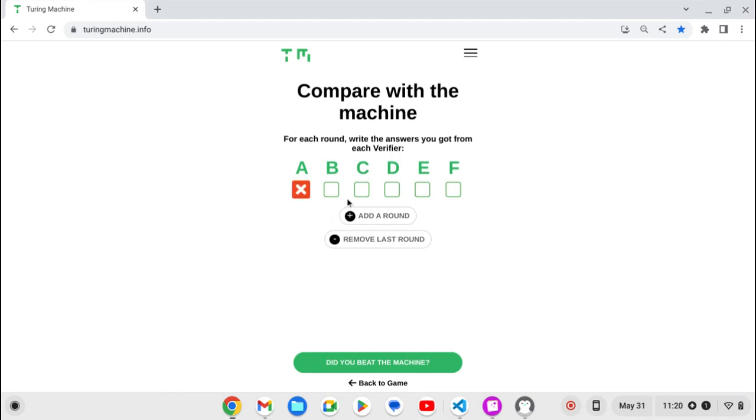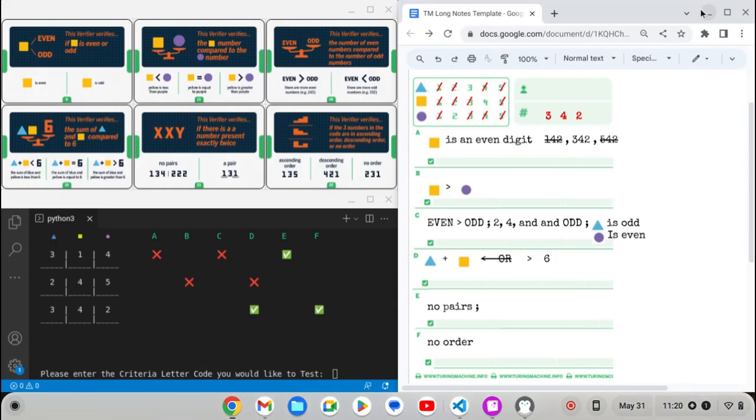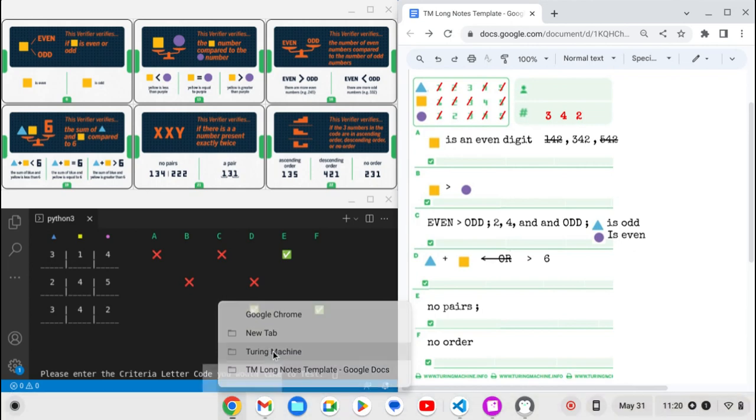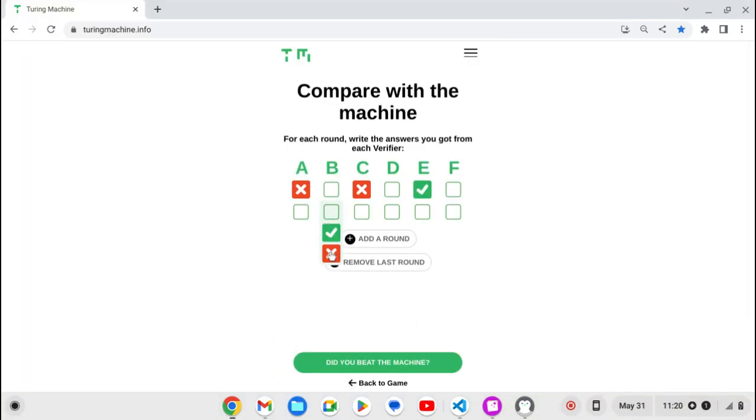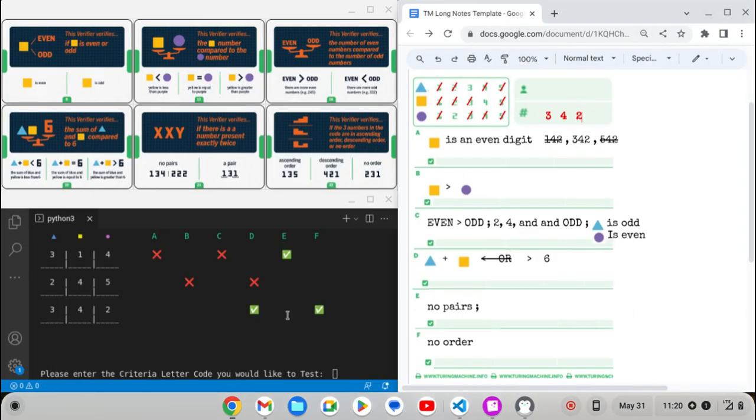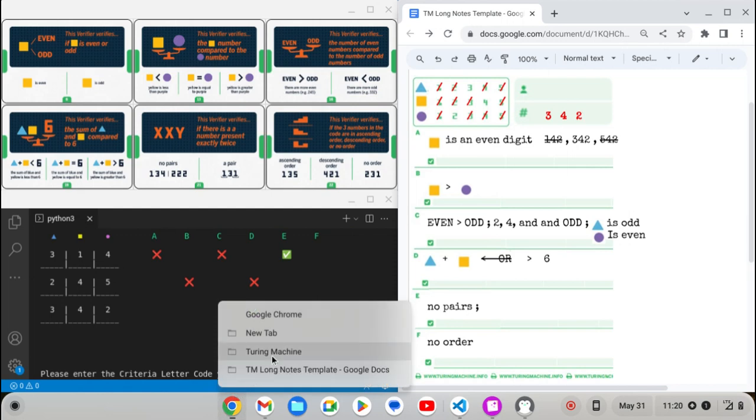So A and C were incorrect and E was correct. And then we did BD, and they were both incorrect. And then in our final turn, we did DF, and they were both correct.